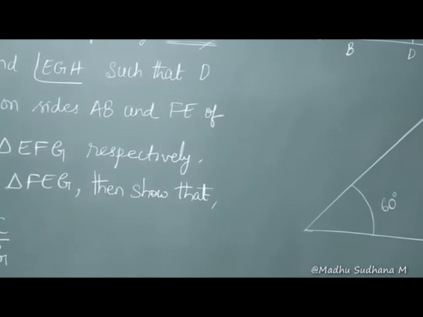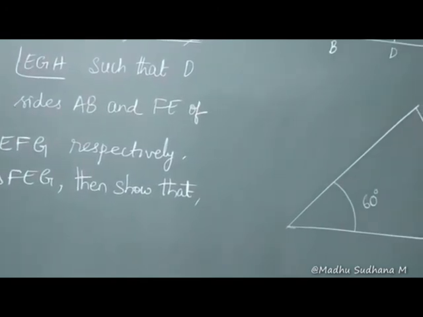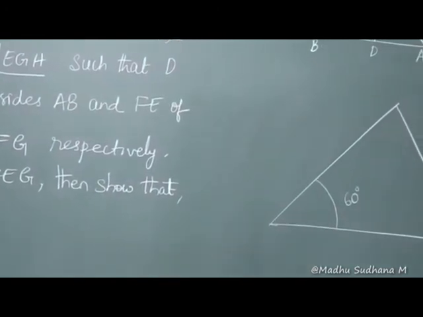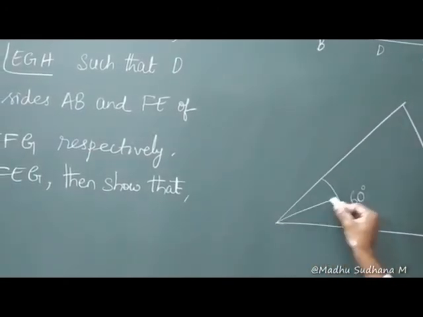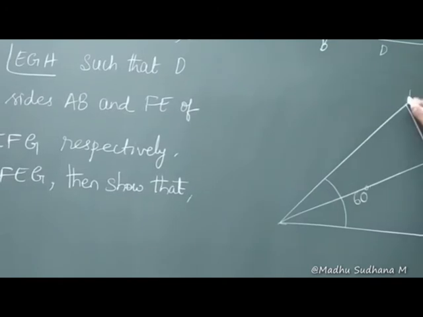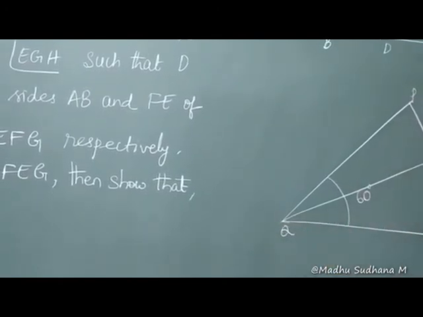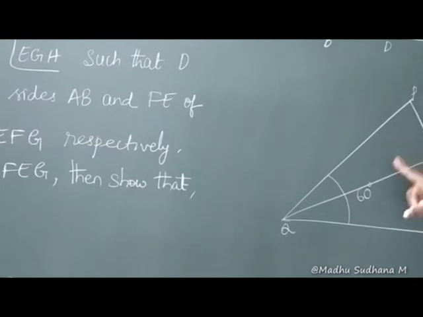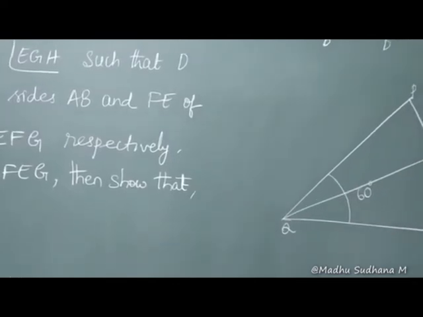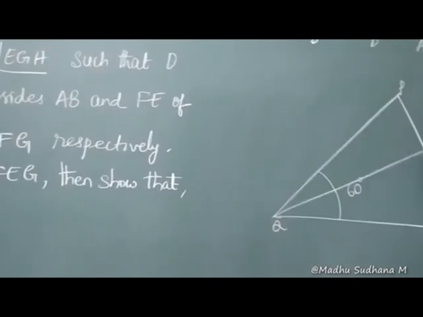This is just an example for you to understand what is the meaning of bisector. And if I have an angular bisector like this, let me write, this is P, this is Q, and this is R. This diagram is not related to this question, just an example for you. And this is S.